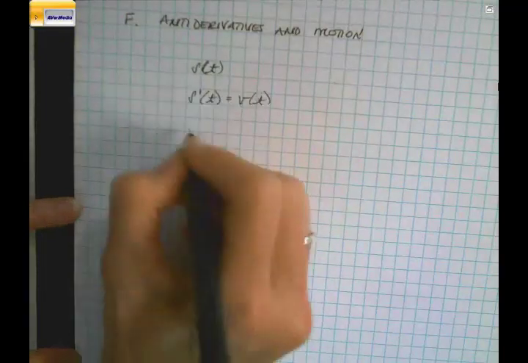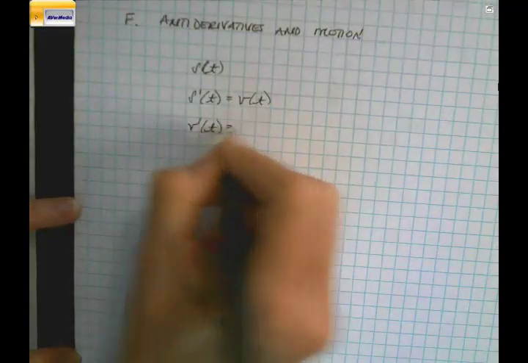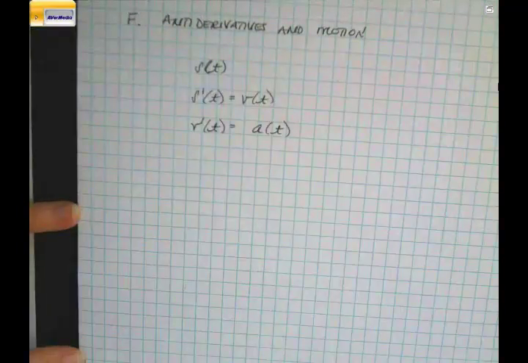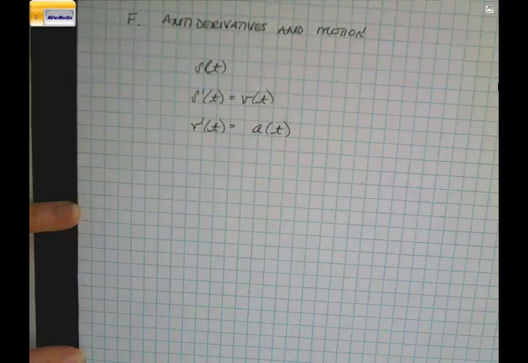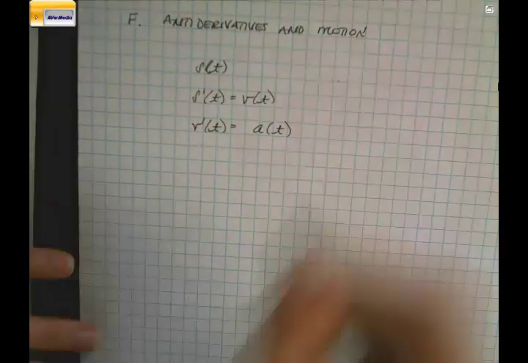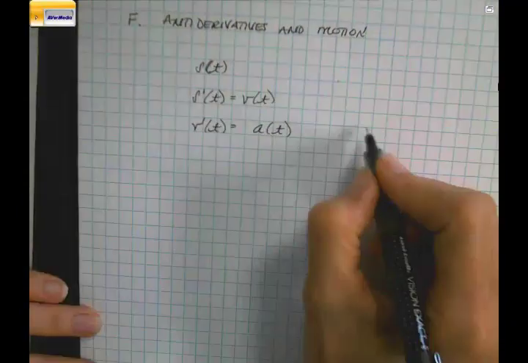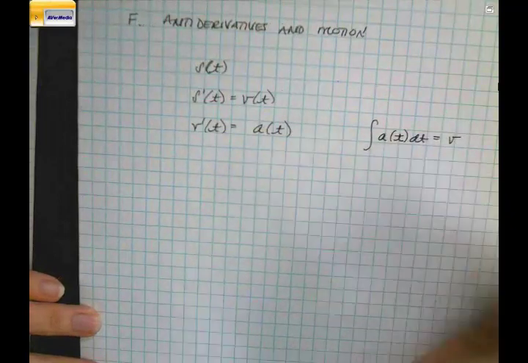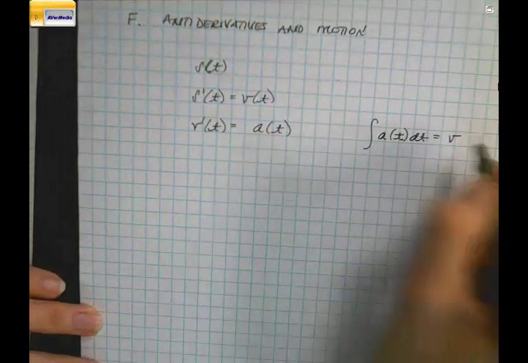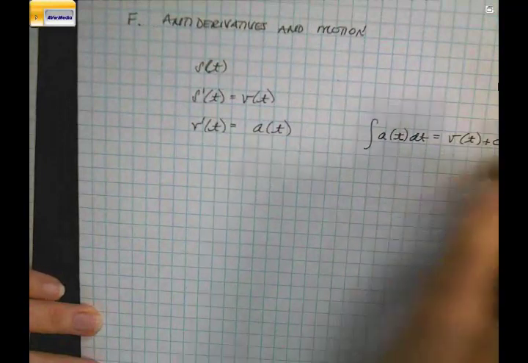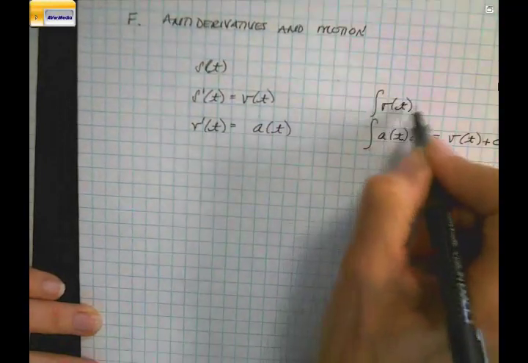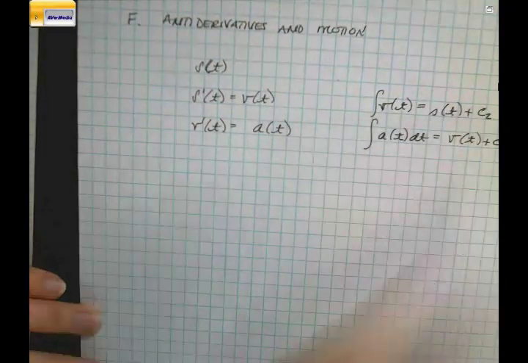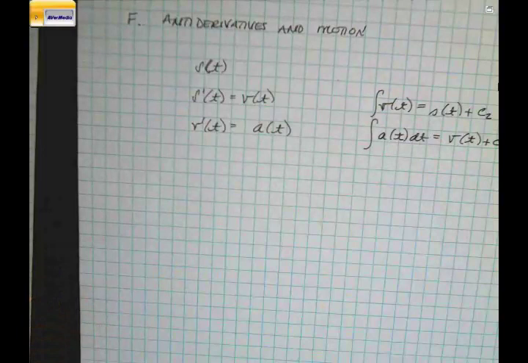You get velocity. When you take the derivative of velocity, what do you get? Acceleration. So the first derivative is velocity, the second derivative is acceleration. So now, if you do it backwards, your antiderivative of acceleration is velocity. Your antiderivative of velocity is your position function. So you reverse it.